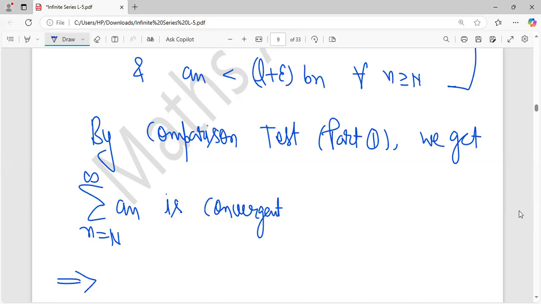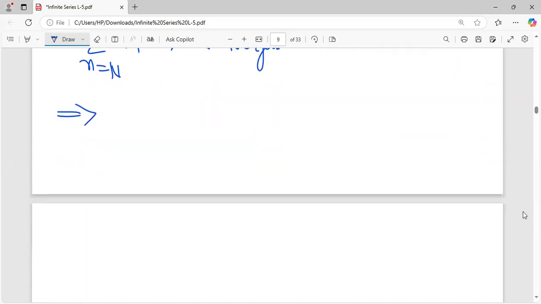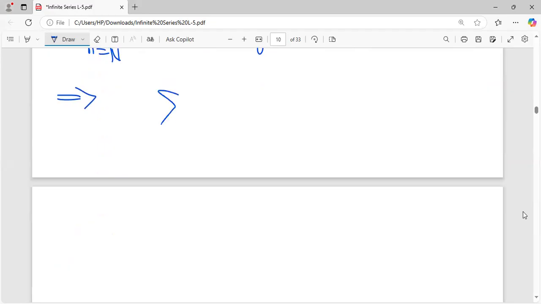So this implies this series An is convergent.